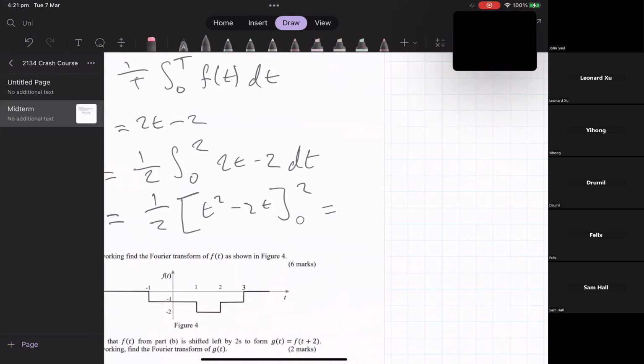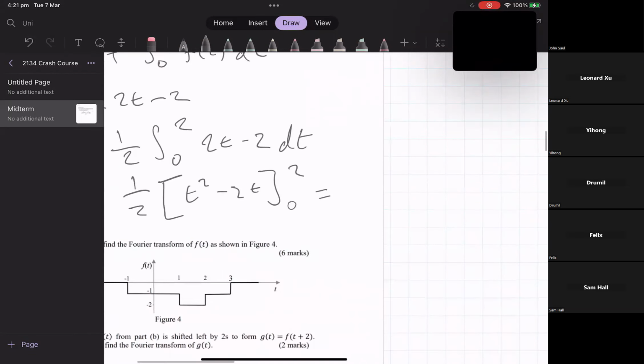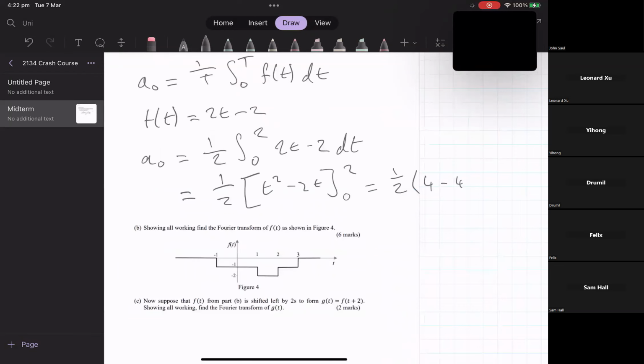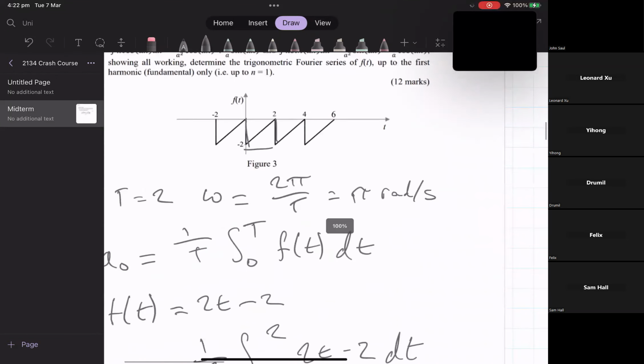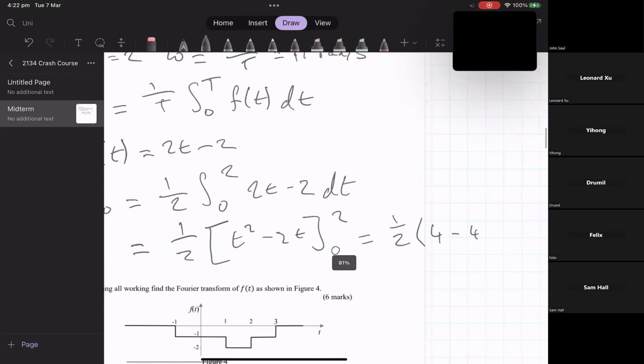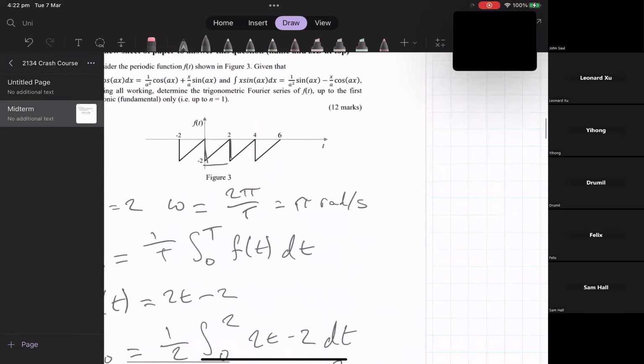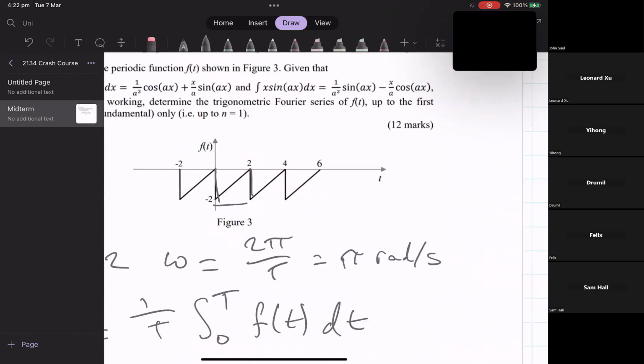I hope everybody's following what I'm doing here. It's just integration. Okay, yep. Oh, sorry, the gradient is 1. I think I mentioned that earlier. I wrote that. We have a rise of 2 and a run of 2, so the gradient is 1.